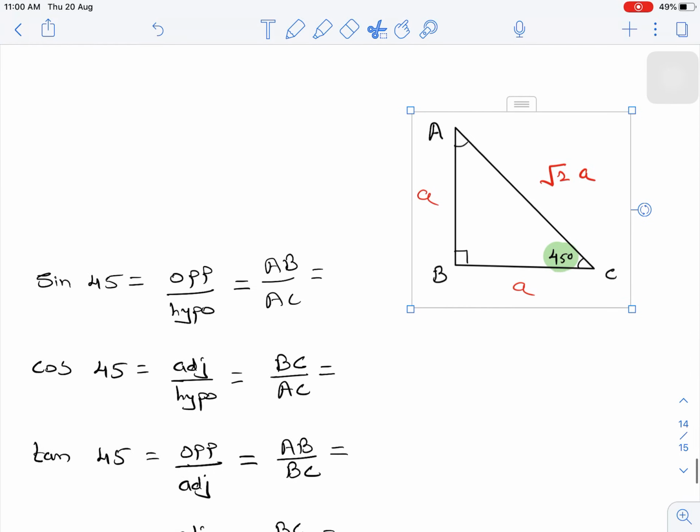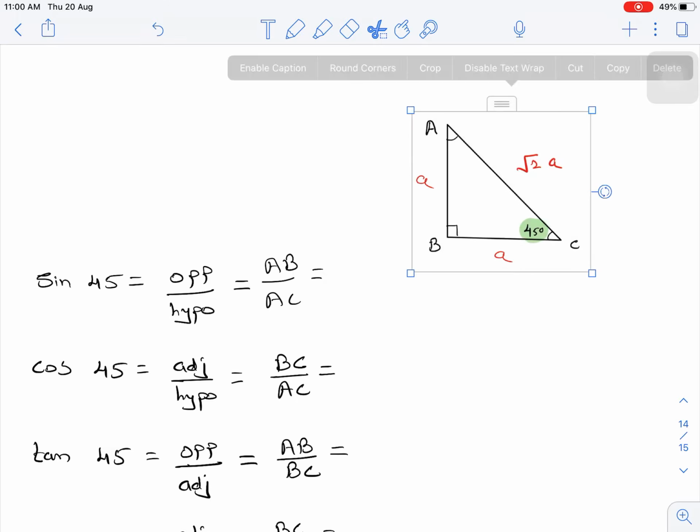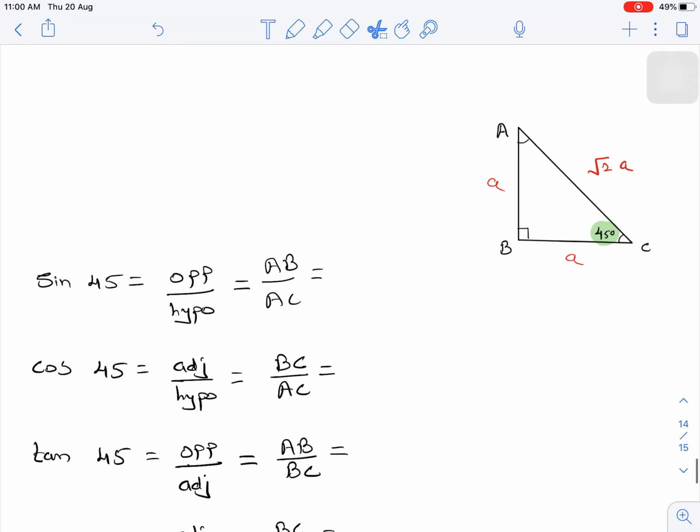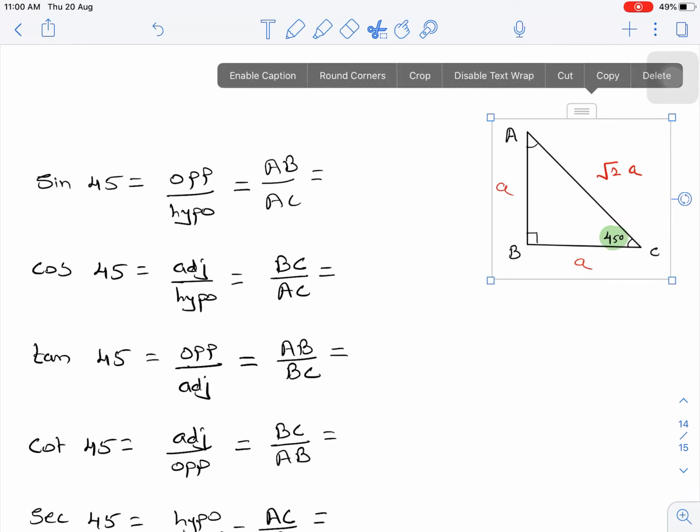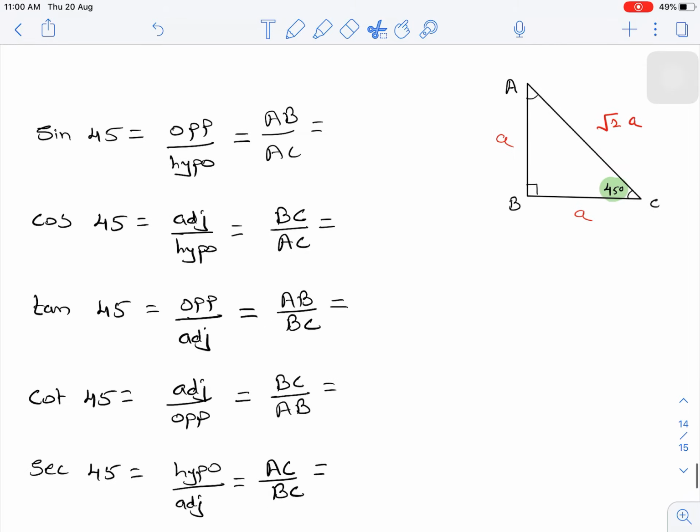Now we have already learned about the trigonometric ratios, so I'm not going into more detail, I will just find the values.